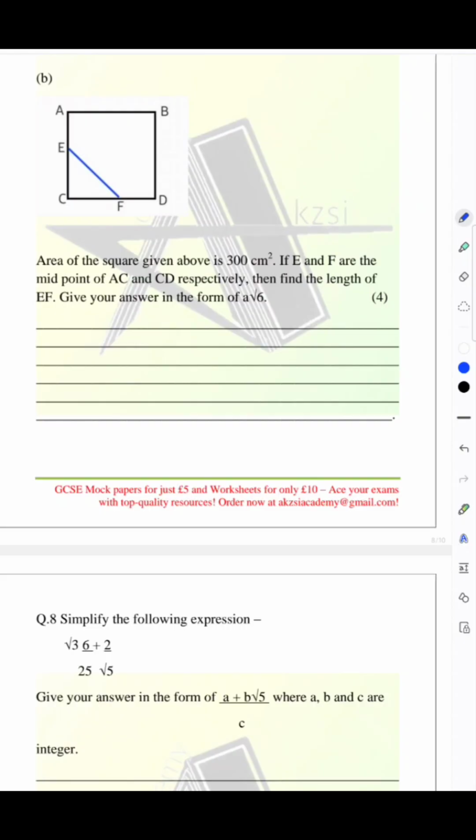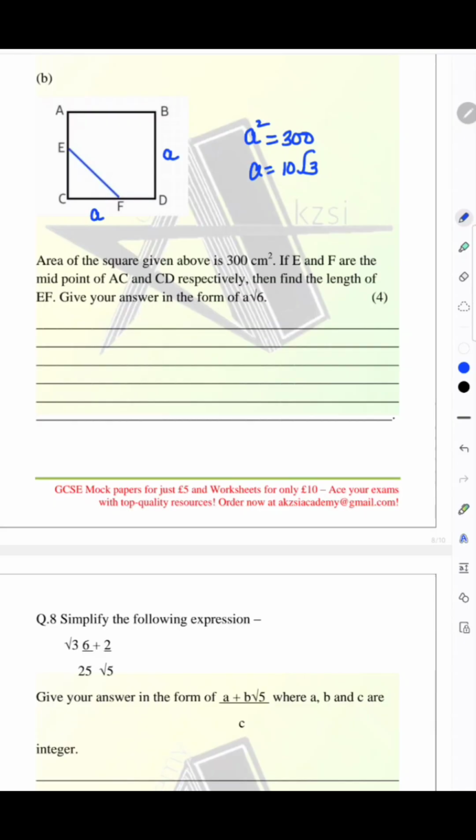If I say the length is A and width is A, then length times width, A squared, will give you the area of this square, which is equal to 300. So A will be equal to 10 root 3. So this is the side of each.